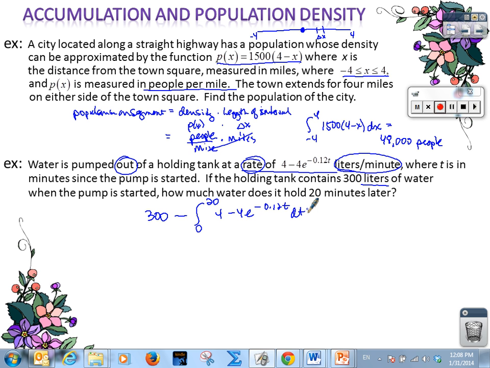This lesson is really going to require a calculator. Most of the problems are going to require you to use a calculator. So we integrate that, do 300 minus that, and we get 250.309 liters.